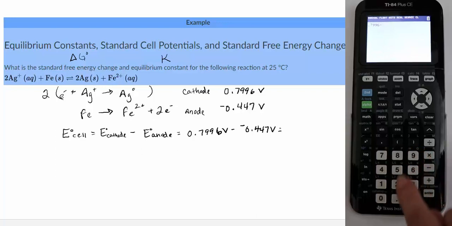And I get an E naught of the cell to be a positive 1.2466 volts. Now I know this is too many significant digits, but I'm going to keep them all in order to avoid rounding error later.